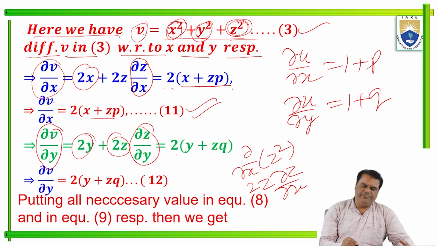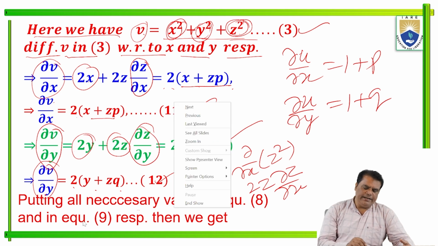So 2 is common, we can write y plus zq. So we can write finally ∂v/∂y equals 2 times y plus zq. This is equation 12. Putting all necessary values in equation 8 and equation 9.